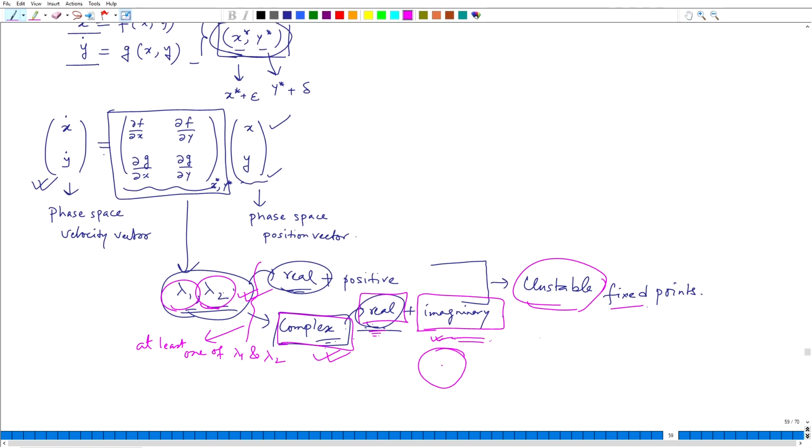So, for example, I can always write lambda 1, lambda 2 like some a e to the power plus or minus i theta, which you know will be a cos theta plus i a sin theta.